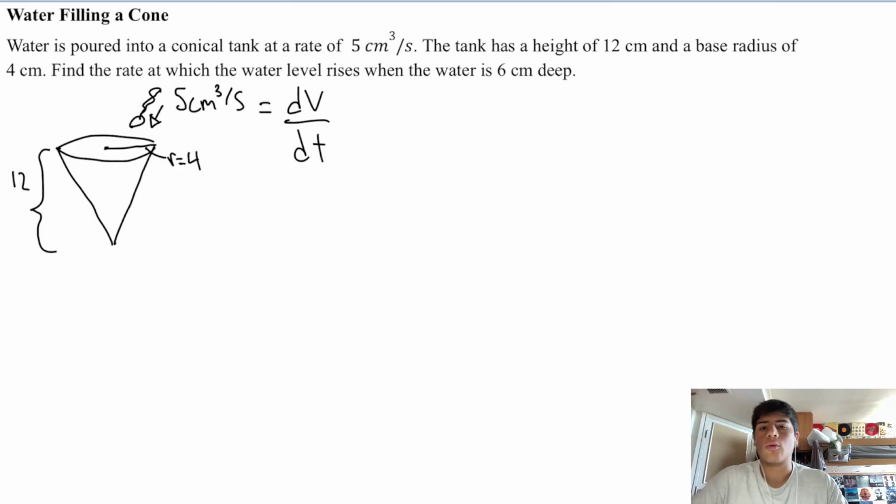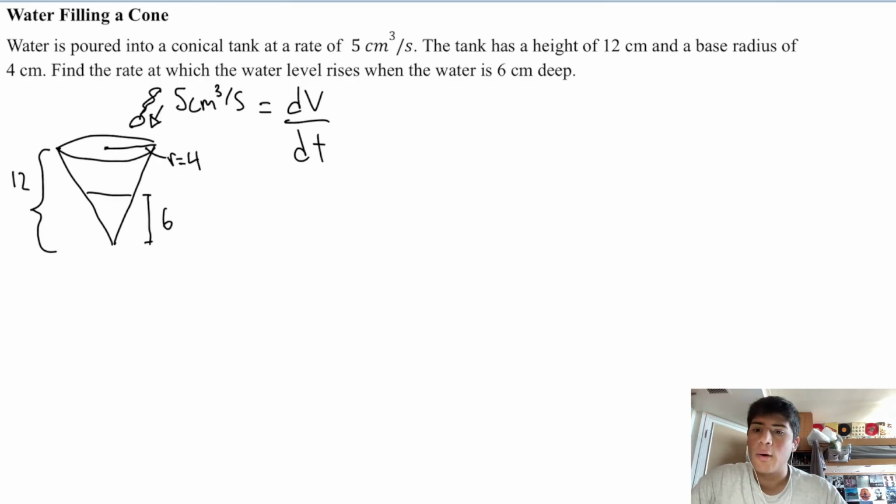Find the rate at which the water level rises when the water is 6 centimeters deep. So this is 6. Okay, now this one is a little bit tougher. Why don't we start off with the volume of a cone? I'm just going to double check. Okay, so our volume of a cone.